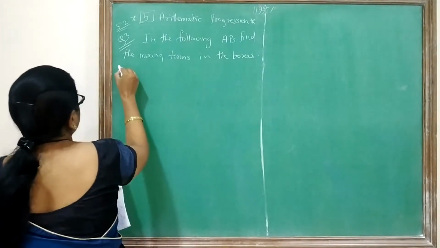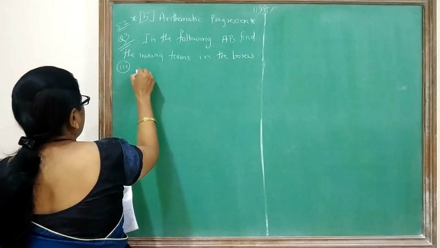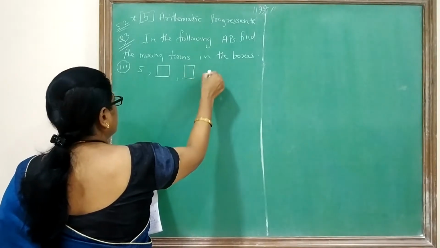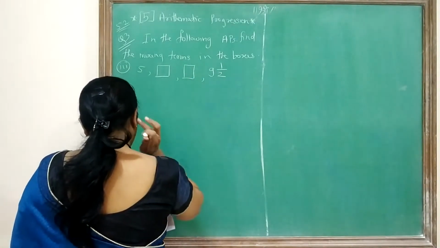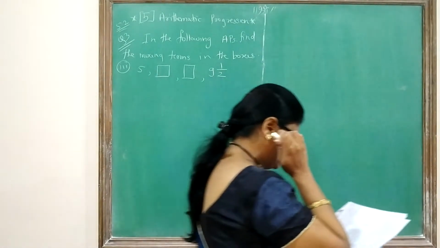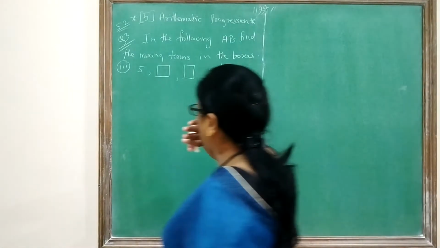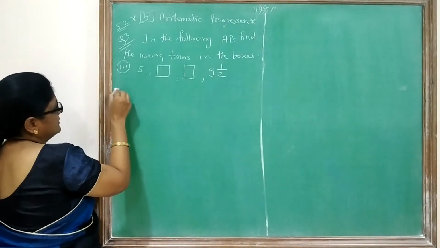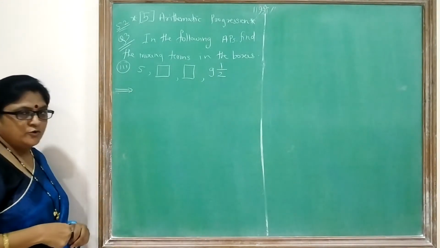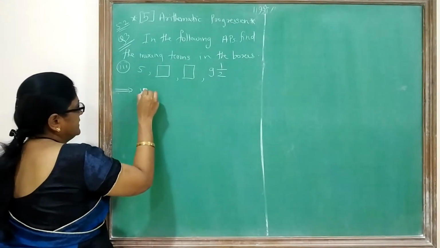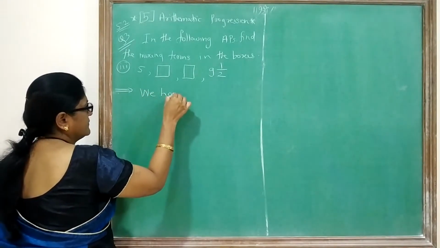Your third example is 5, comma, box, comma, box, 9 1 half. Here two values are not present, that is A2 and A3. First we will write what we have.